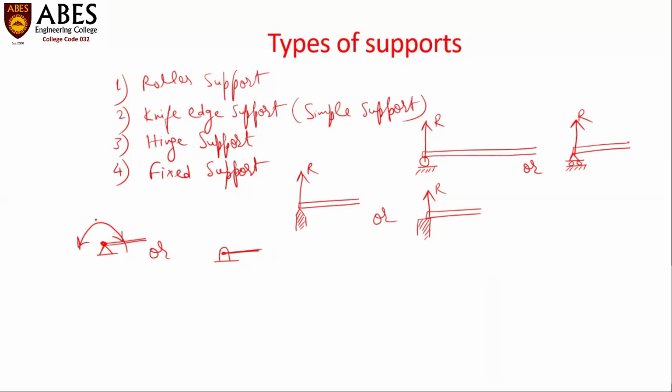So the reaction will be in both the directions, the vertical as well as in horizontal direction. So there will be one horizontal reaction, Rx, and there will be a vertical reaction, Ry. The direction of Rx and Ry may be left hand side or right hand side, and the Ry may be upward or downward, which depends upon the external force and its direction.